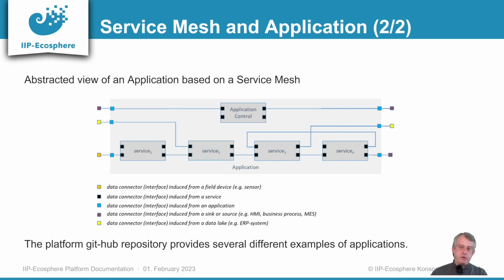Communication between the orchestrated services is coordinated by platform-provided message brokers, implementing common message formats and protocols such as MQTT and OPC UA. Several examples for applications for specific tasks and their subsequent service meshes are available on the platform GitHub.